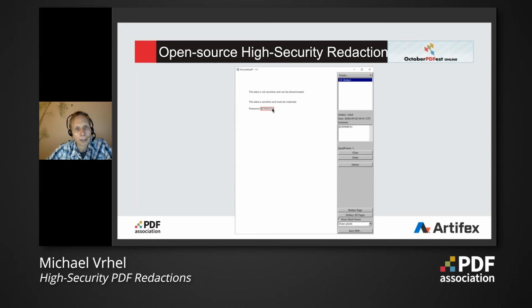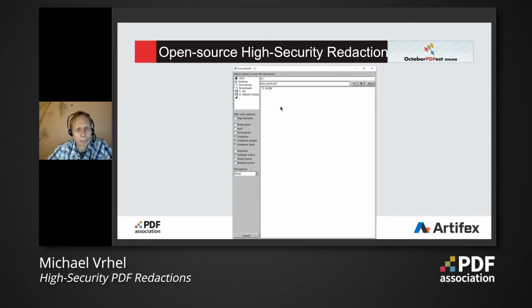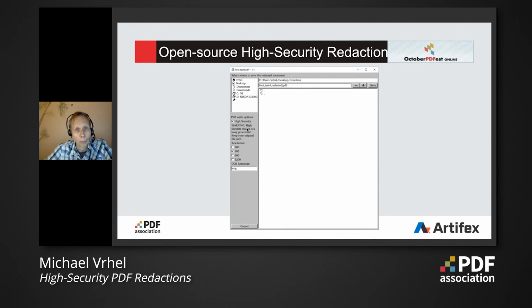Then when I save that file, there's an option that says high security. If I select the high security option, a little warning comes up that says this is a lossy process. Make sure to keep your original file safe. And I can specify a particular resolution to save the pages and also an OCR language.